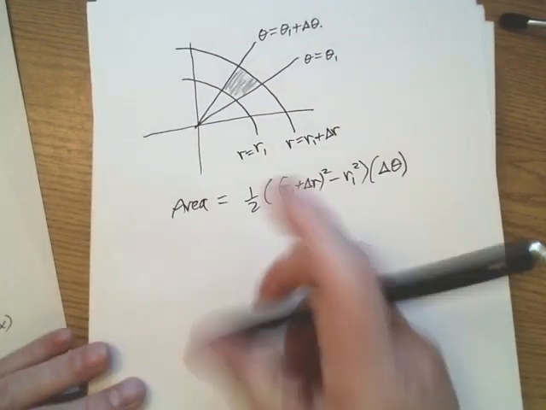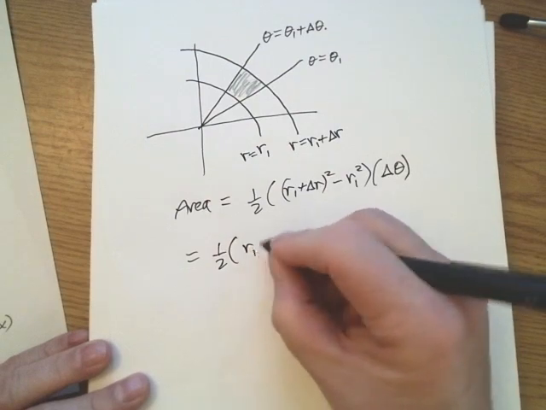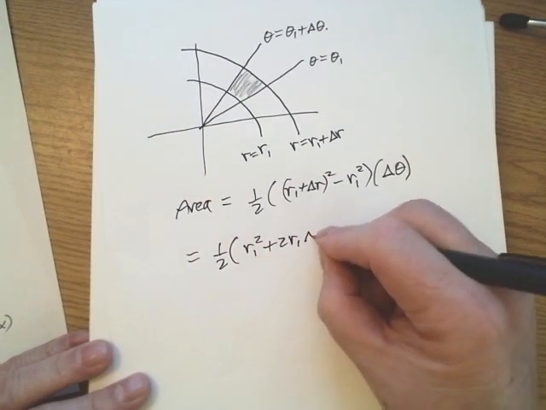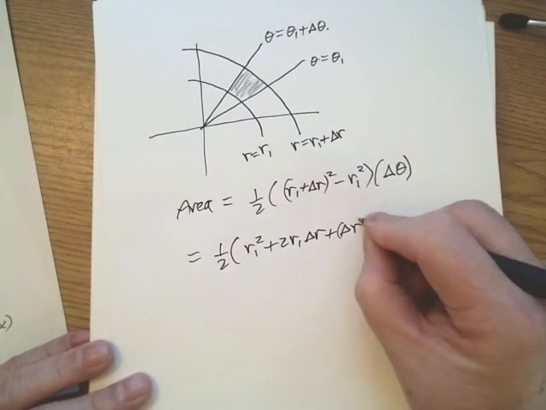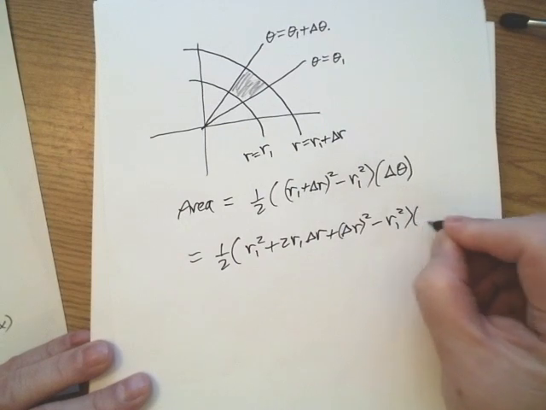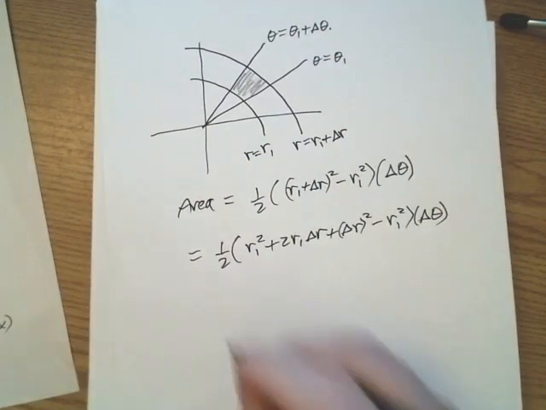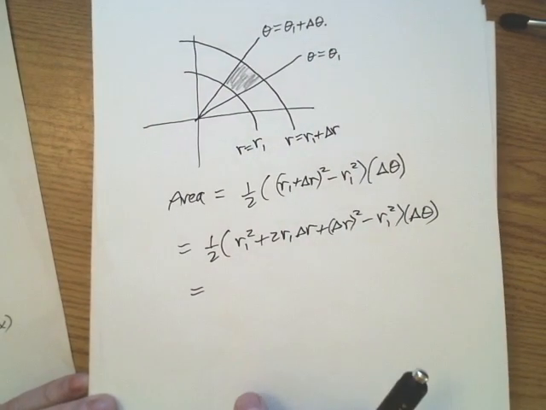Now let's go ahead and expand this just a little bit. It's R1 squared plus 2 R1 delta R plus delta R squared times delta theta. All right, the R1 squareds drop out.